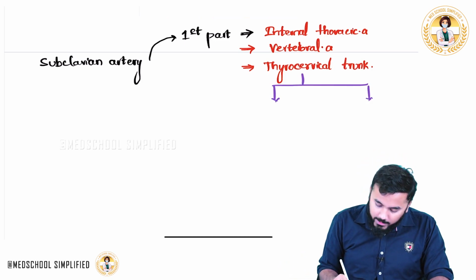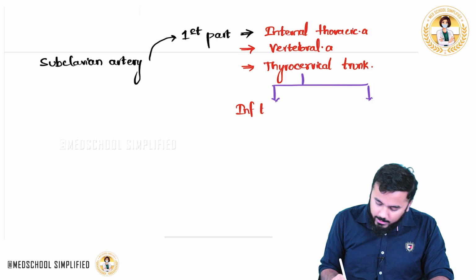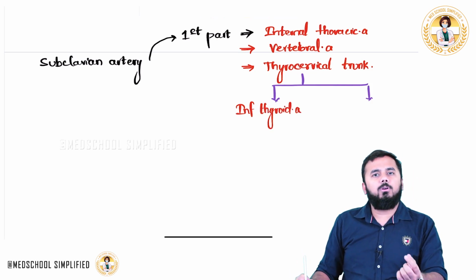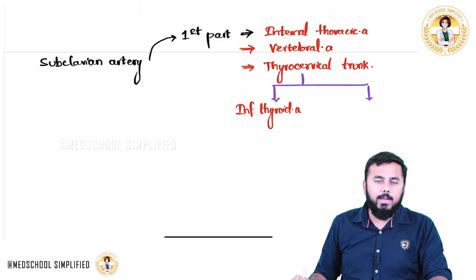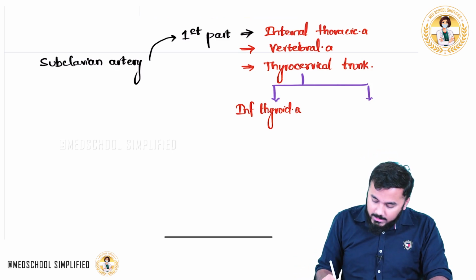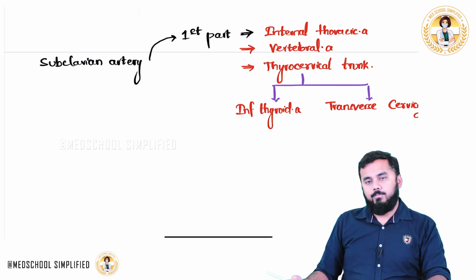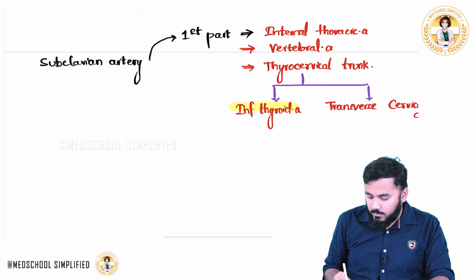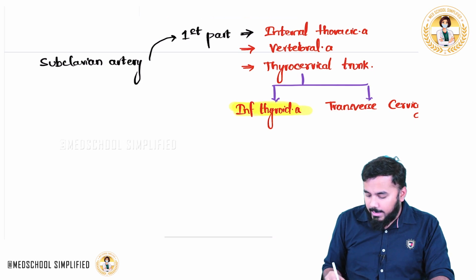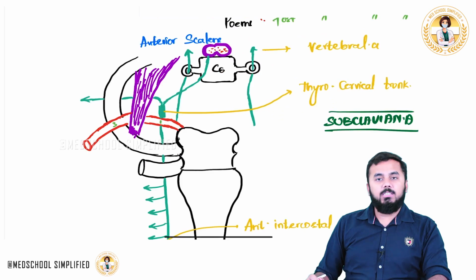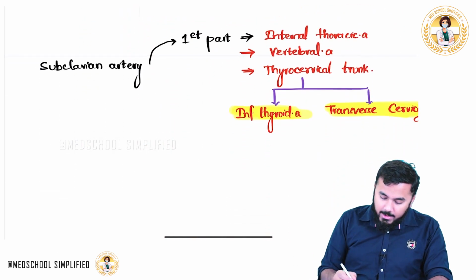One is called the inferior thyroid artery, because it supplies the inferior surface of the thyroid gland, and the other one is called the transverse cervical artery. So one is the inferior thyroid artery, another one is the transverse cervical artery.